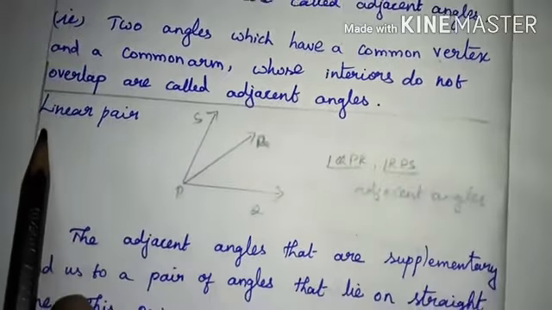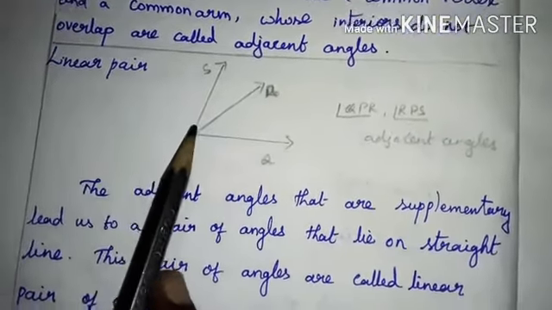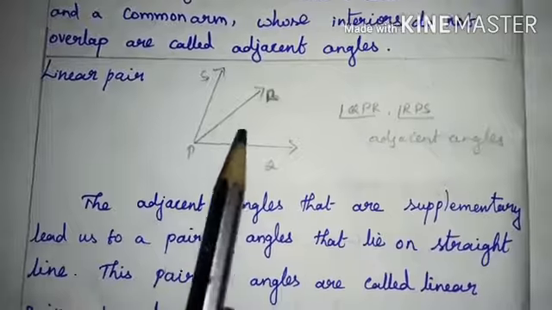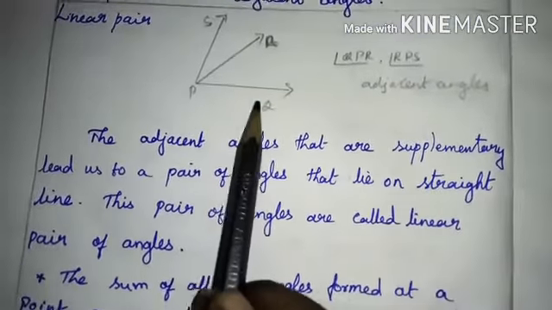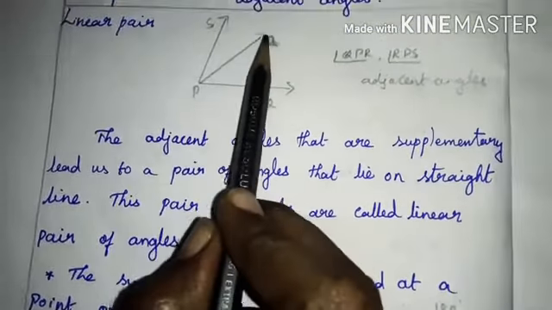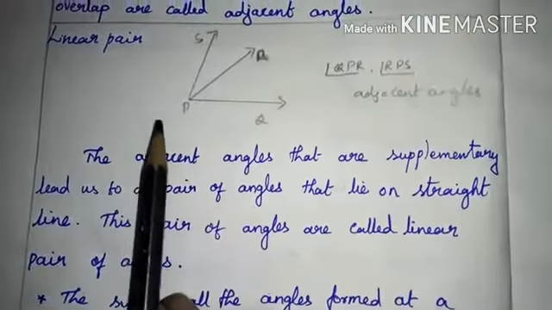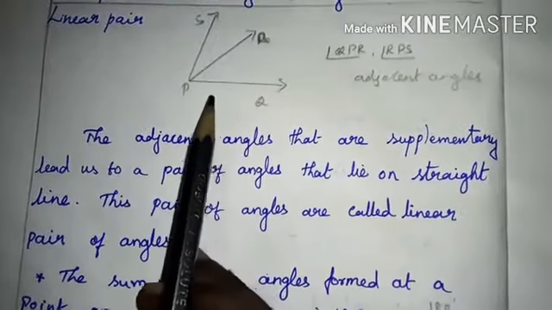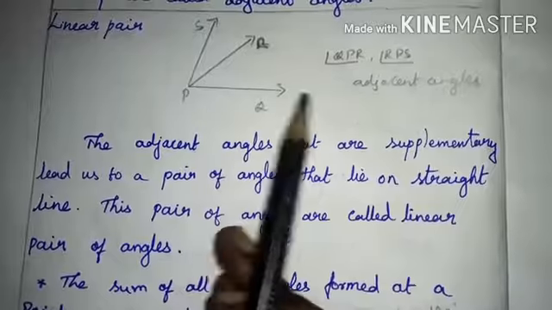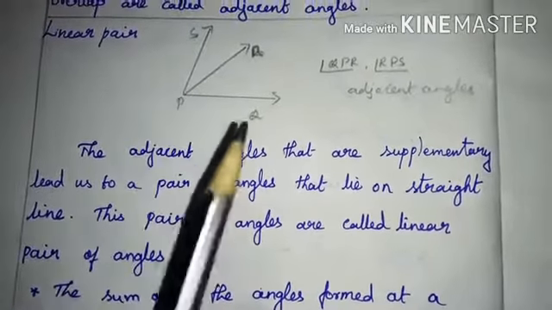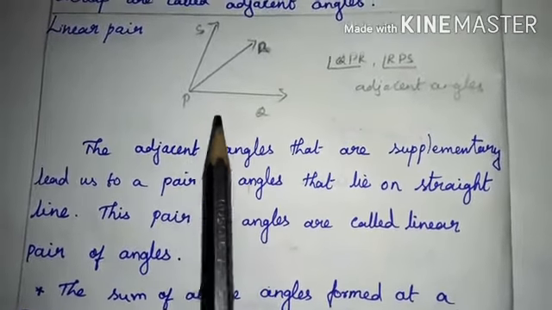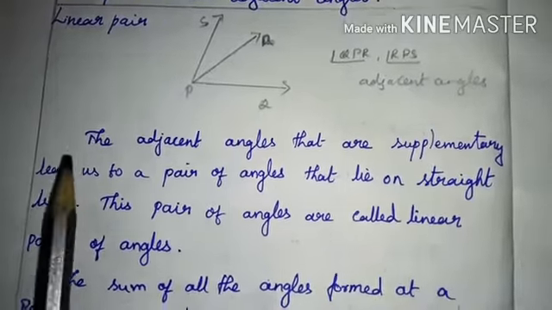The next one is a linear pair of angles. Here also, if you extend the angles QPR and RPS, it becomes a right angle or acute angle or obtuse angle or a straight angle. If the resultant angle is a straight angle, then the angles are supplementary.